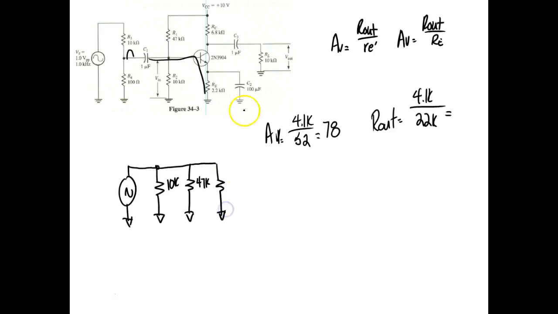And this is going to be beta. This is bypassed, so this is beta times RE prime. So this is going to be equal to 100, or typical beta, times 55. Now this is going to work out better. Sorry, guys.